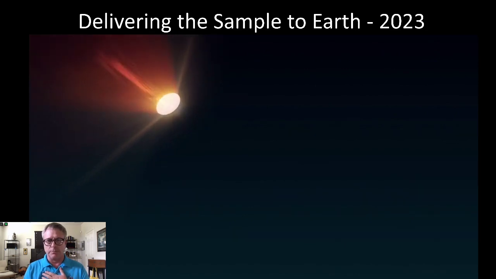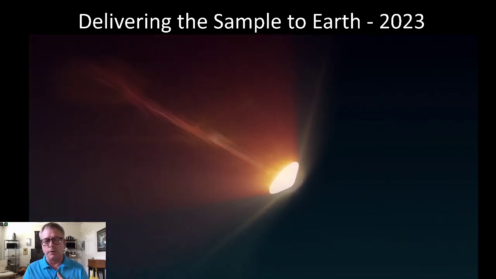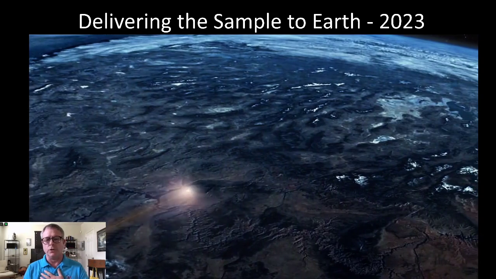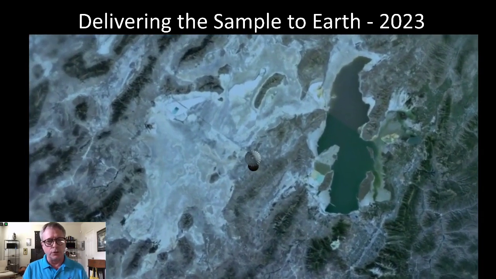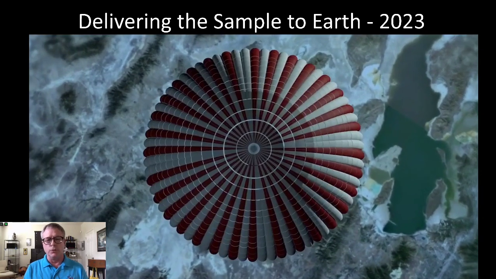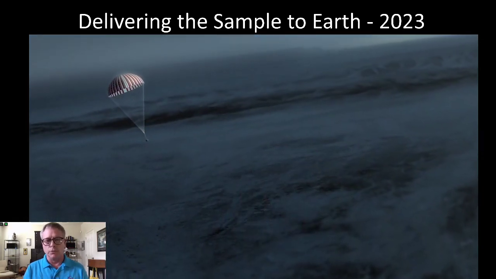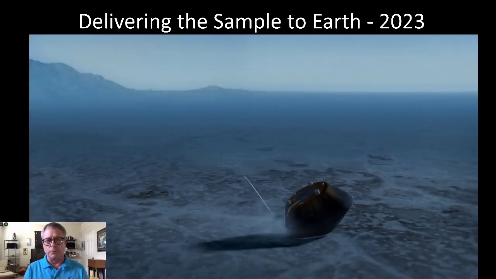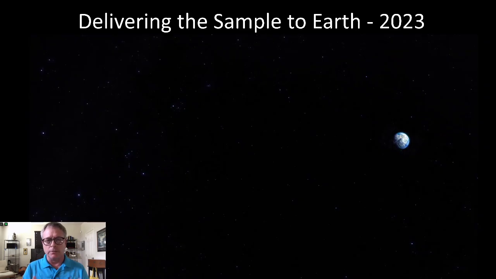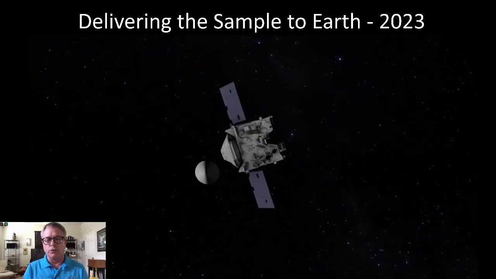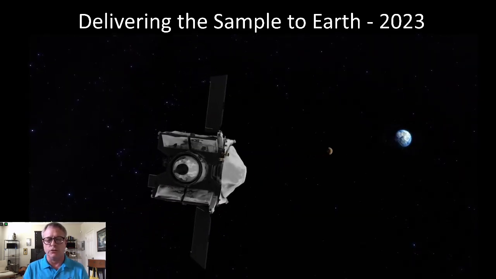where myself and several other members of the team, including Dr. Hamilton, curators from NASA's Johnson Space Center, will retrieve the sample return capsule from the Utah desert, of course, with people like the PI of the space mission as well, Dante Lauretta, and we will prepare that canister for shipping to NASA's Johnson Space Center.